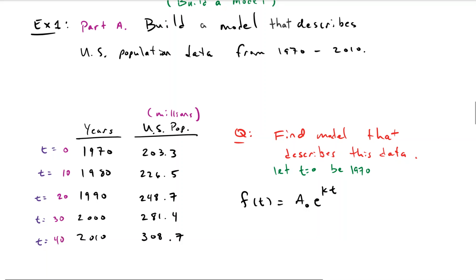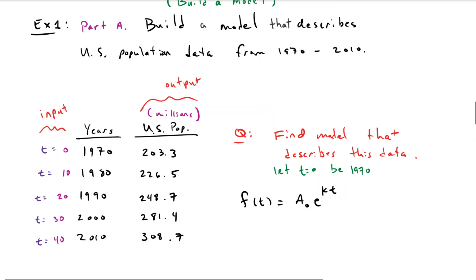Another reason that they like to change these is that now my x, or my input, is going to be the t, into my model, and my output will be the US population in millions.